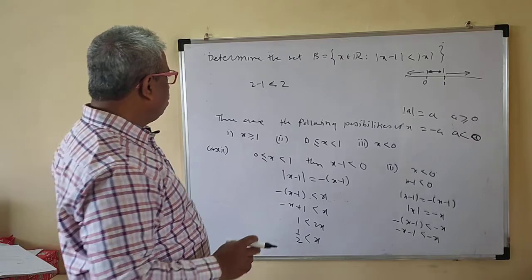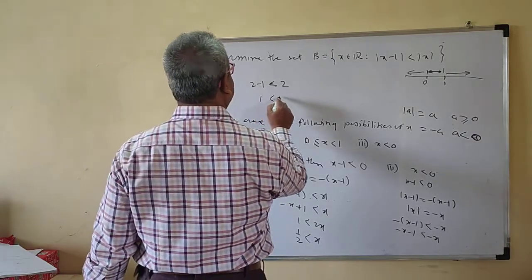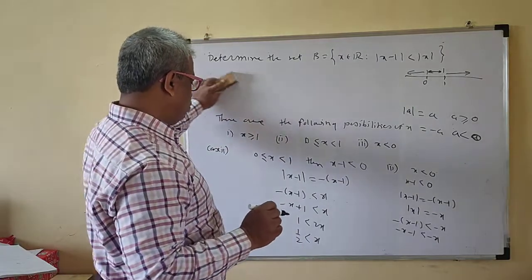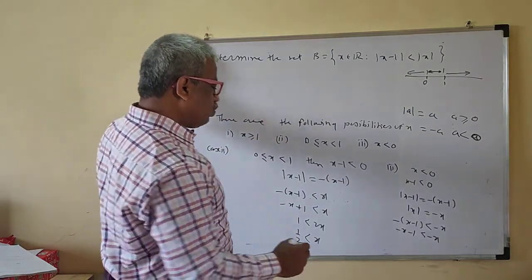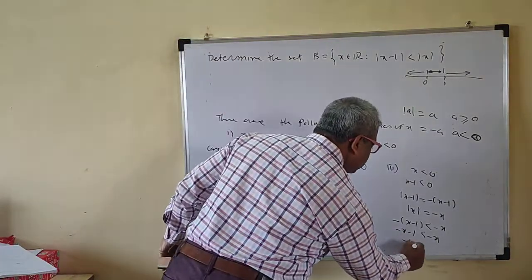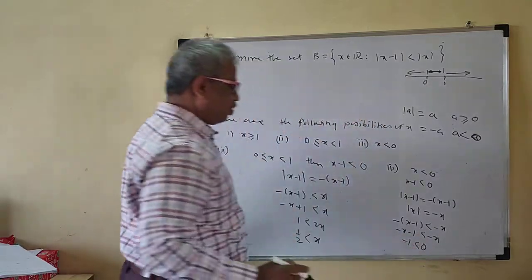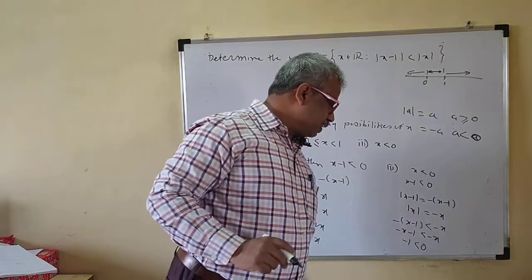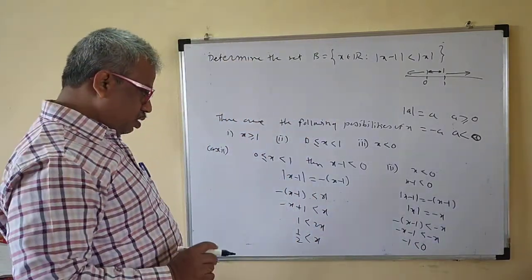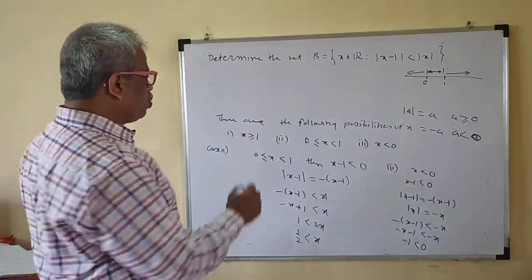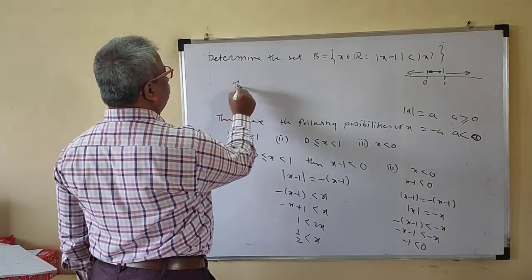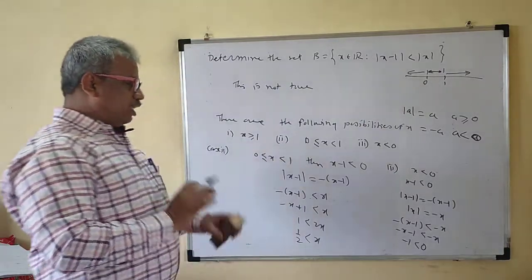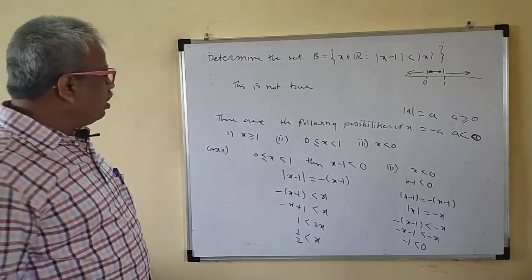Then this becomes minus 1 less than 0. If we shift minus x to that side, we get minus 1 less than 0, which is not true. That means x will not be negative.